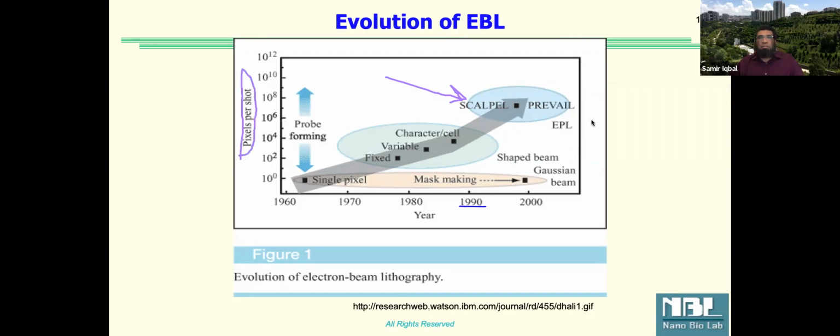Instead of writing just one line, we have techniques where we can write many lines. We'll look at SCALPEL at least. Instead of using one beam, we use a defocused beam and a stencil kind of thing to still expose a bigger area with E-beam lithography.